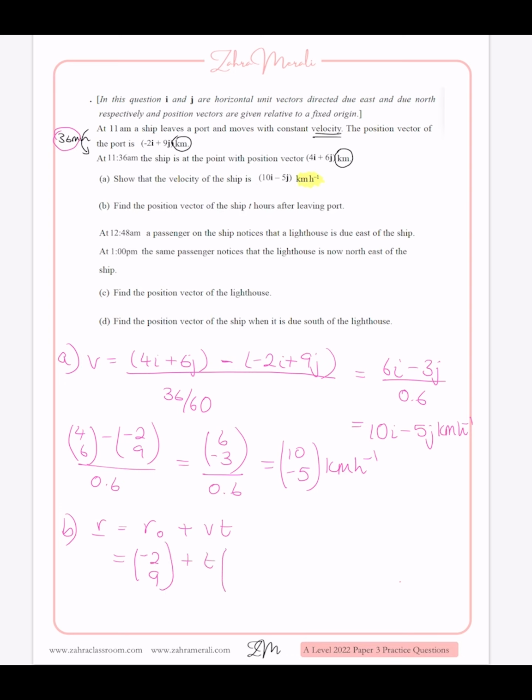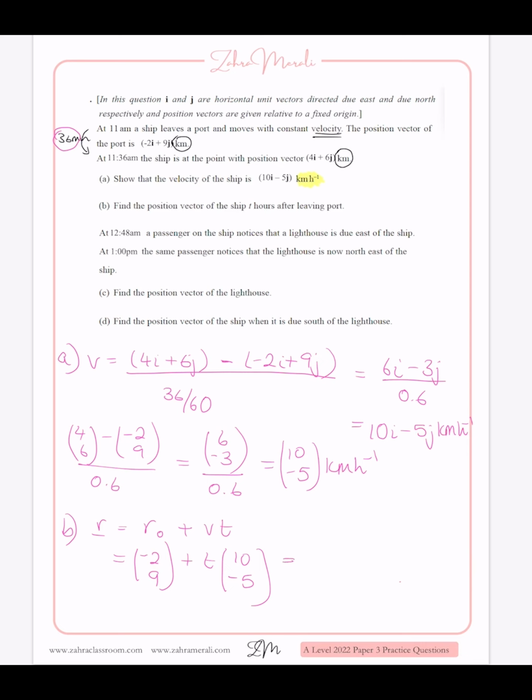And every t hours, it's moving the equivalent of 10 across and minus 5 down. So say we start here, and then we're moving 10 across and minus 5 down. Now, we don't really do that, we go along the diagonal, but it's represented by doing that.